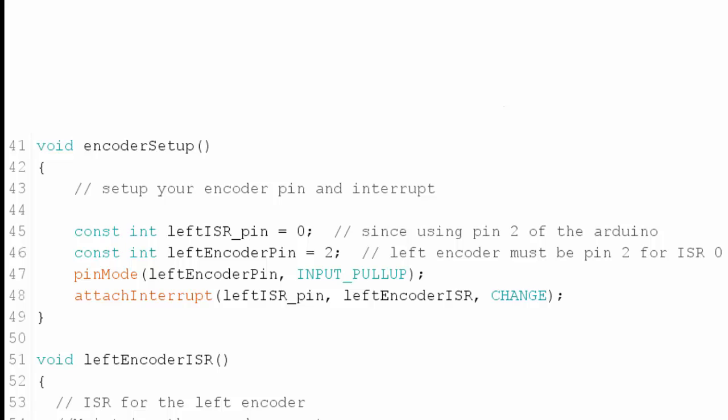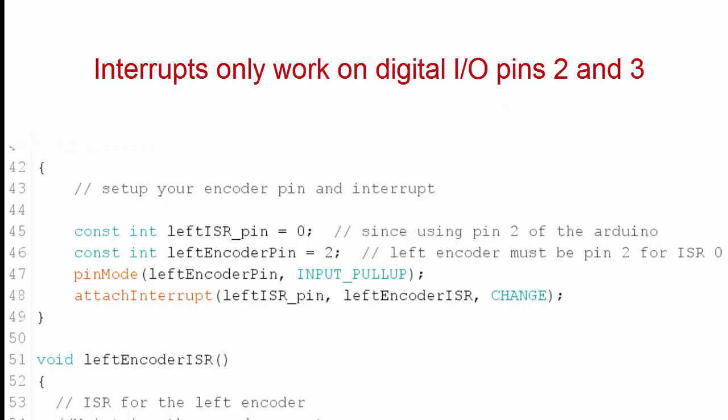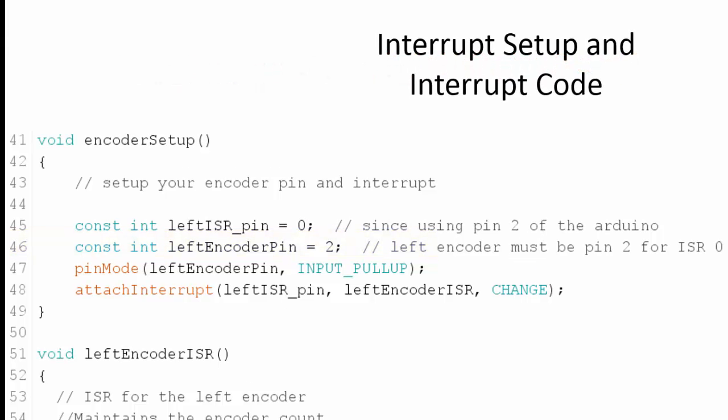You won't need to do this on your own. I will provide you the code for it. The important thing is to realize that it's using pin 2 and it must use pin 2. In other words, you can't change that pin. One encoder needs to be on pin 2, and the other encoder actually has to be on pin 3, and that's not optional.